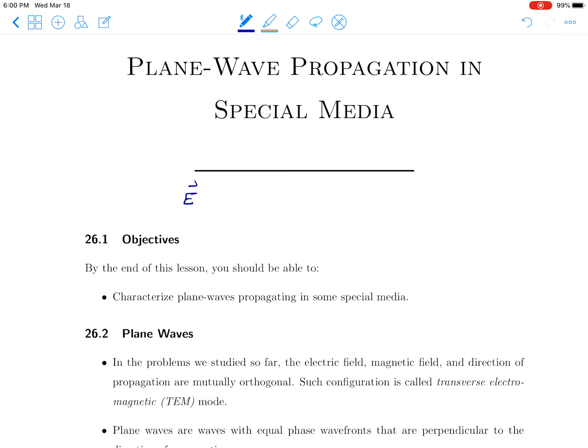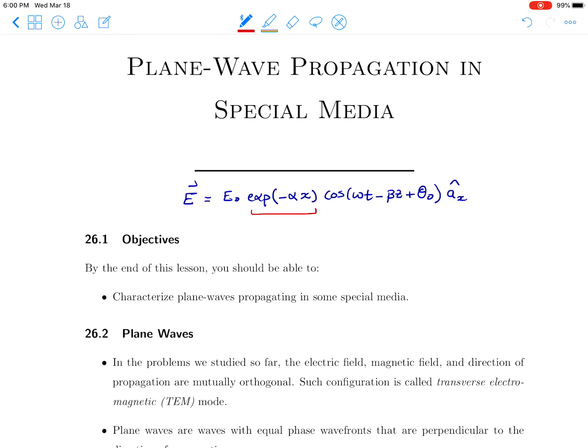So in general, the electric field, or even the magnetic field, will have the following form. Let me assume that the wave is propagating along the z direction, and the electric field is along the x direction.